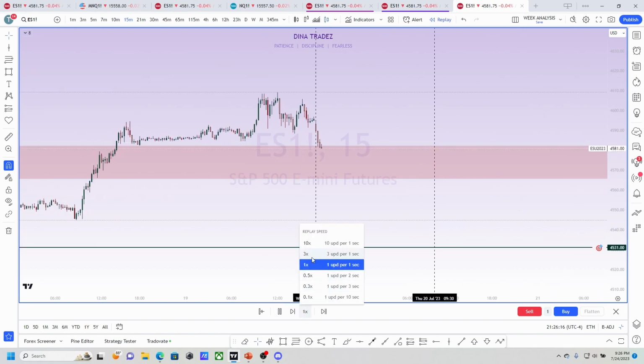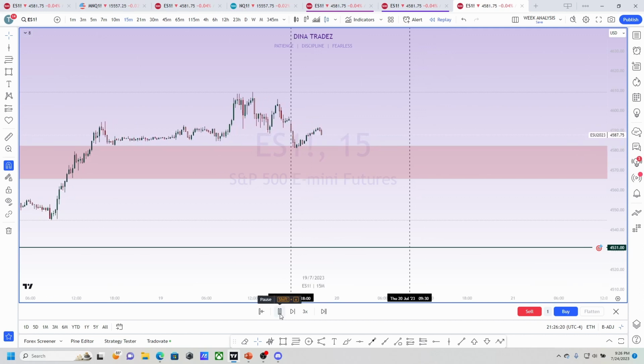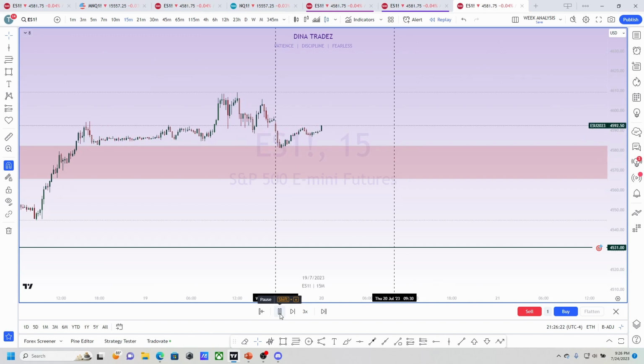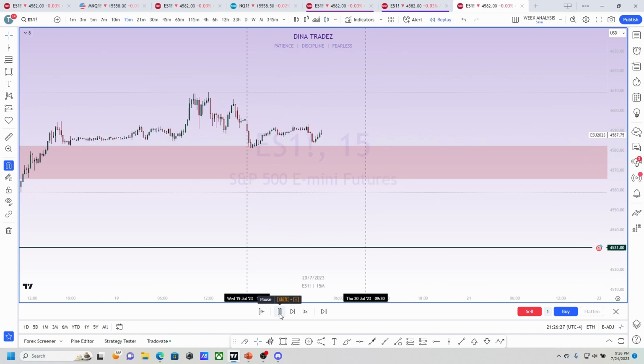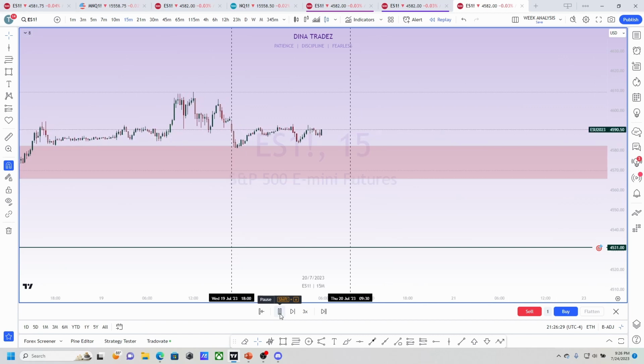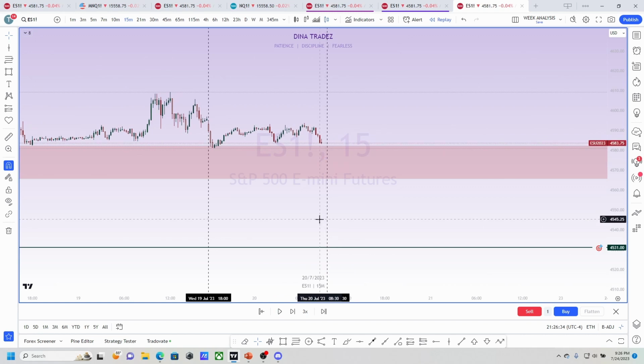Let's speed it up a little bit. It's supposed to go down at the opening, like up and then down. Okay, we have that one, and then I'm going to lower the speed so that we don't go too fast.